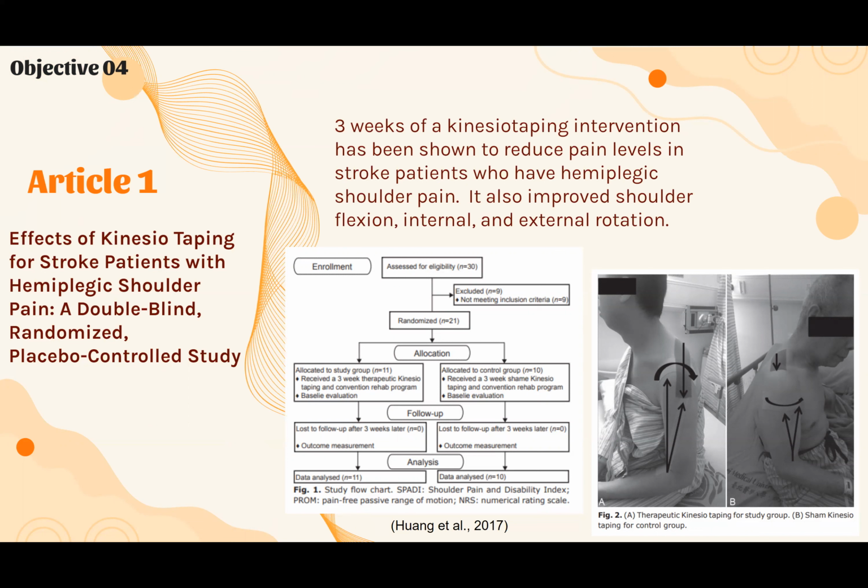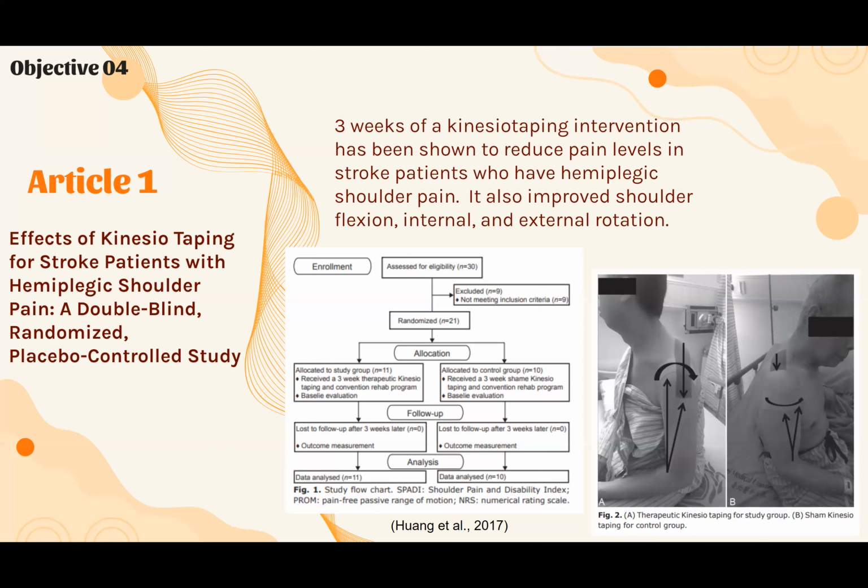Inclusion criteria for the participants include unilateral ischemic or hemorrhagic stroke lesion confirmed by computerized tomography or magnetic resonance imaging, first incidence of stroke with onset less than 6 months prior to discharge, pain in the affected shoulder, and adequate communication ability and intact cognitive function.